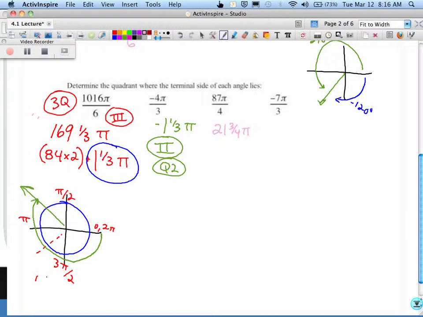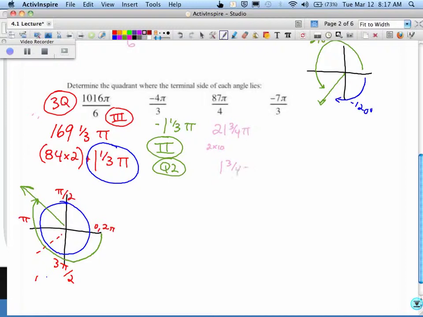So in 21 and 3/4 pi, how many times can we spin around the circle? 10. We can go around 10, right? That'll take us to the 20 pi. So if I get rid of the 20 pi, 2 times 10, I'm only looking at 1 and 3/4 pi.